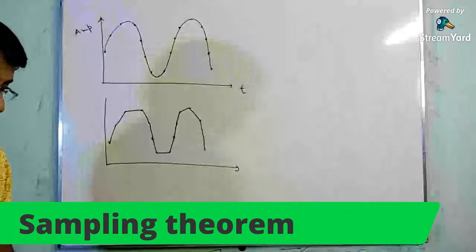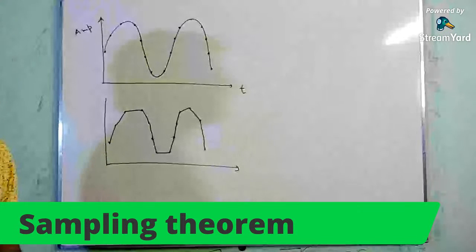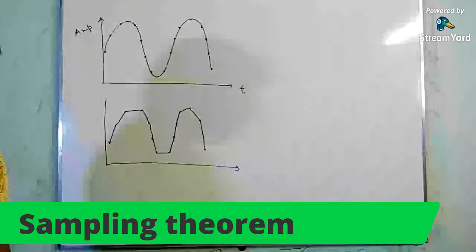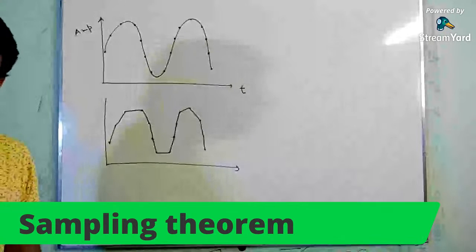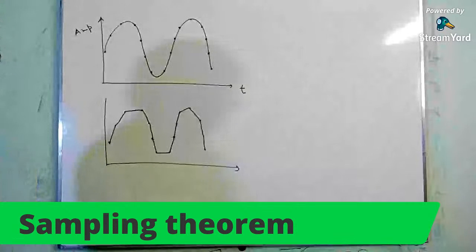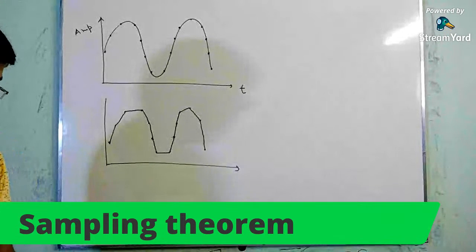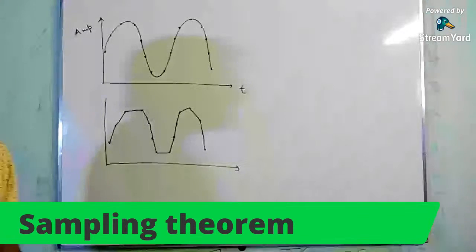Again, I repeat: a continuous signal can be reconstructed entirely, in full, properly sampled, only if it does not contain frequency components above one half of the sampling rate.